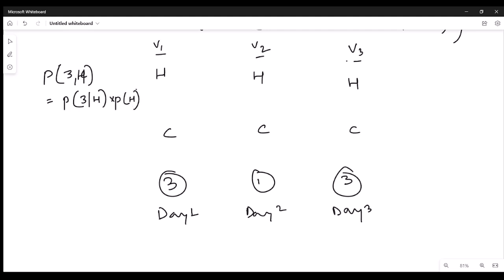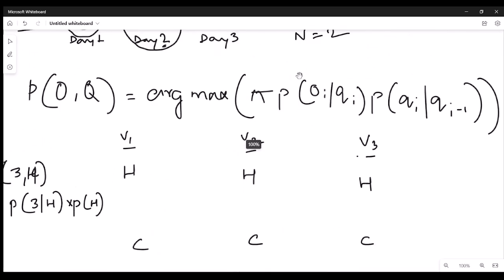Why are we writing P of h? Because here P of h is the initial state. Now here this day 1 state has been starting with value h. So we are considering P of h. We cannot consider any previous state values. Now from the above table we can see that the weather is hot and the individual has consumed 3 ice creams.